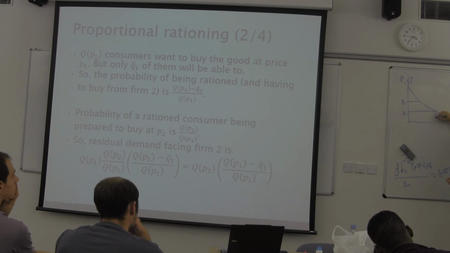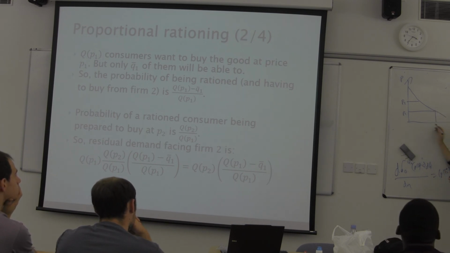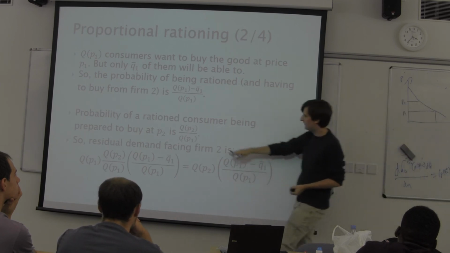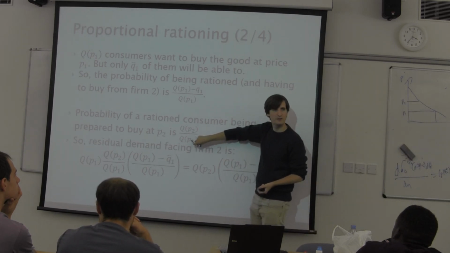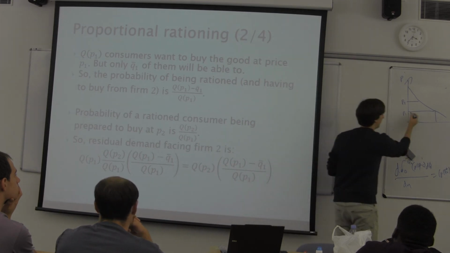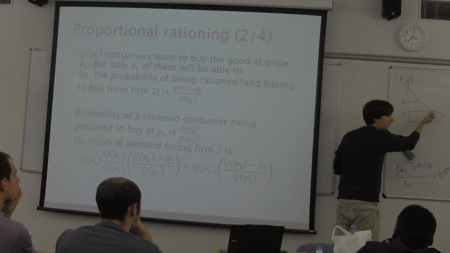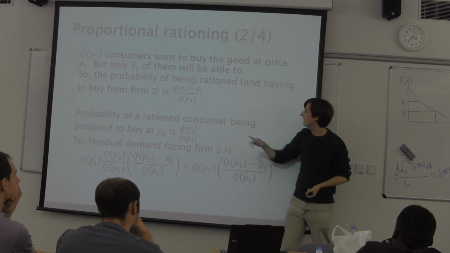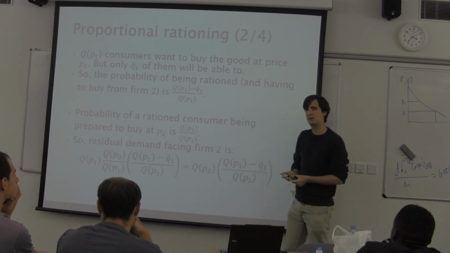Here's Q(P1), the number of people who want to buy at the price P1. What proportion of all of the people who want to buy at the price P1 want to buy at the price P2? Well, it's just Q(P2) divided by Q(P1). So if you're a random person who would like to buy at the price P1, then the chance that you'd also like to buy at the price P2 is just this ratio.